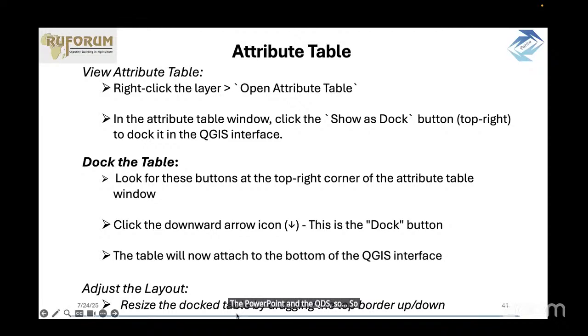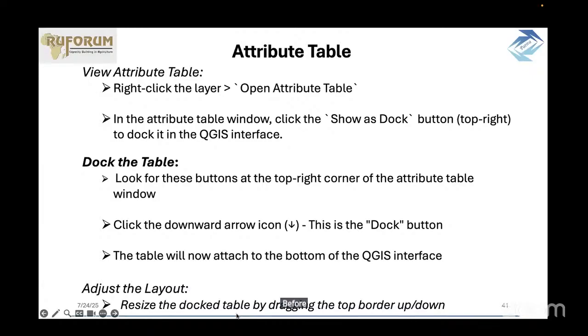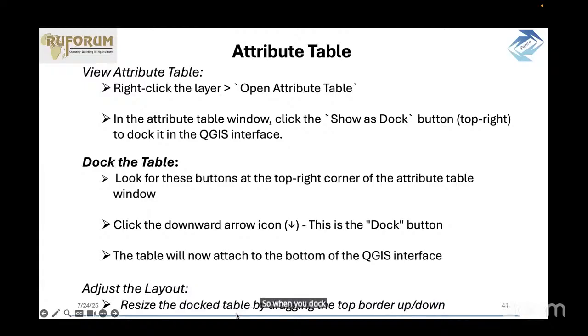So when you go to attribute table, you have to dock that table before you do anything else. Docking means that, because when you open the attribute table, it always goes on top of the windows of QGIS, when you dock it, you can now do other activities.